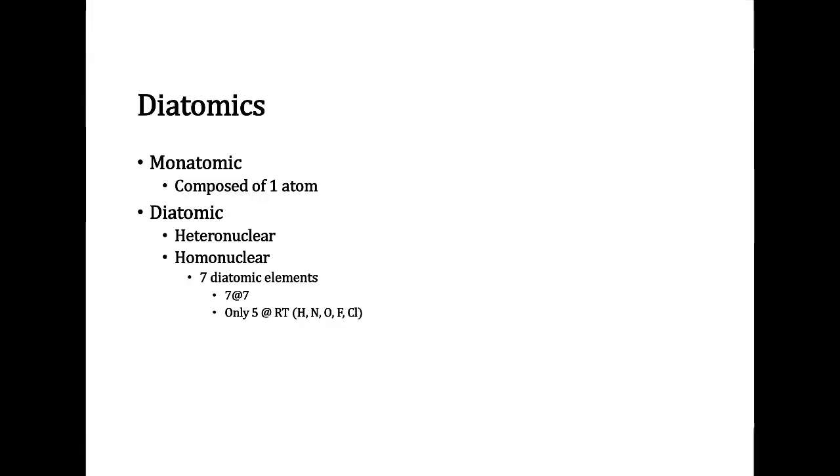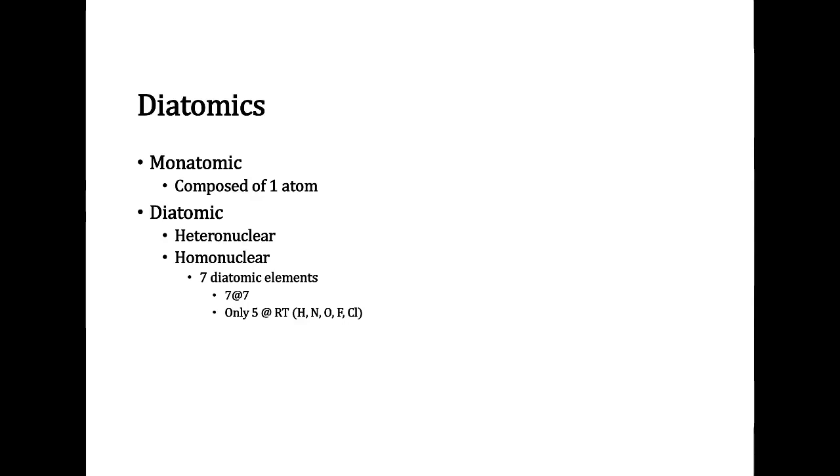All right, the last thing we want to discuss for today's lecture will be diatomics. So we've looked at monatomics and charges on single atoms. A monatomic just means there's one atom. Okay, so now let's look at diatomics.